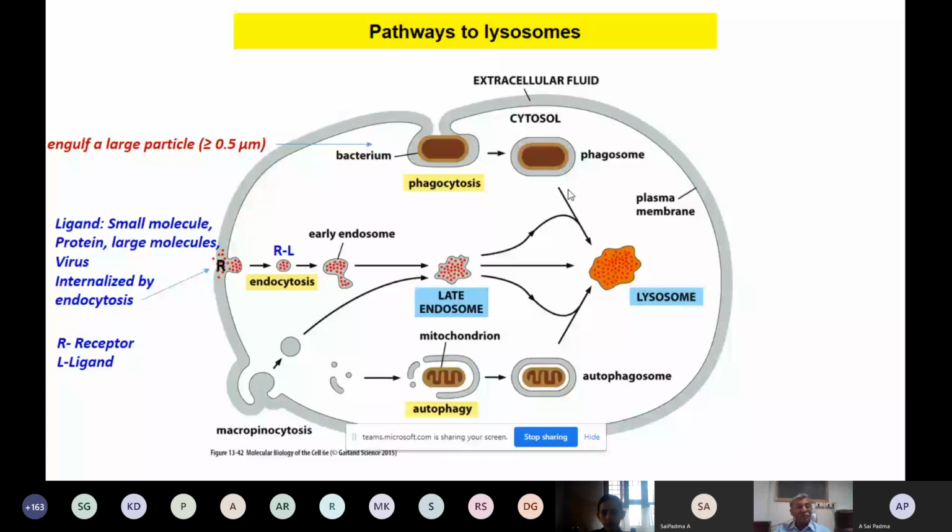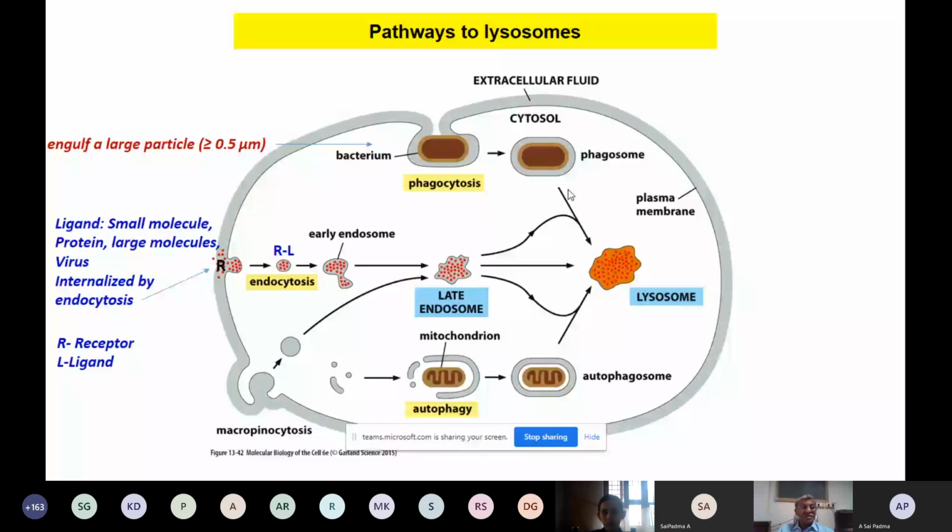The second type of internalization is through receptor-mediated endocytosis, where there are selected receptors on the cell membrane, and these can bind to small molecular weight components like ligands, or they can also bind to large protein molecules, which can be either normal proteins or glycoproteins, and they can also bind to several viruses.